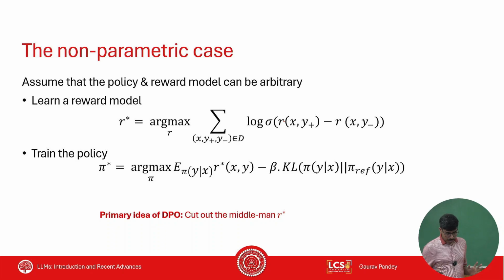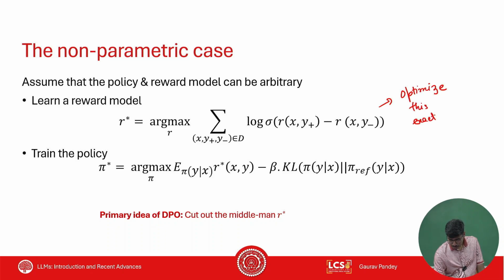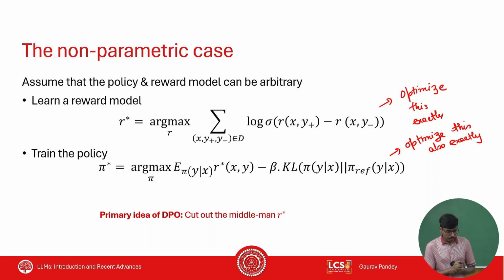Let's say you can optimize this loss function exactly, and you can optimize this also exactly. So you can get an optimal policy.